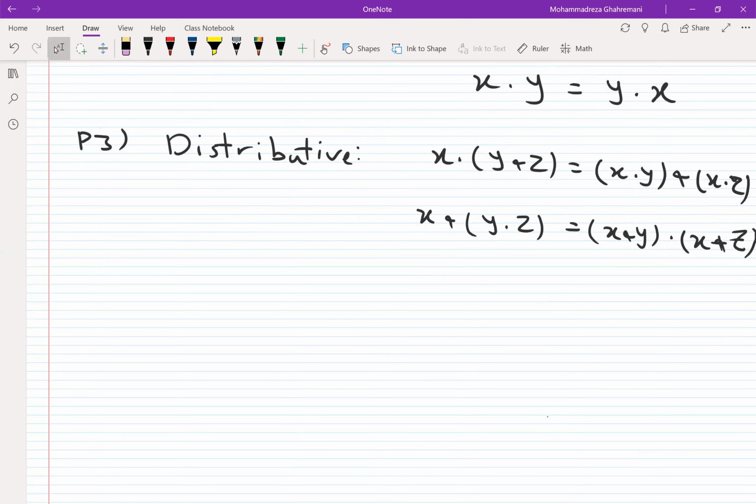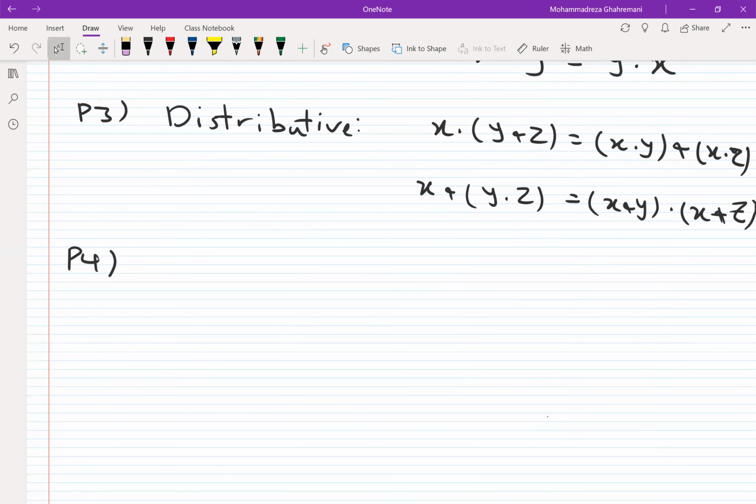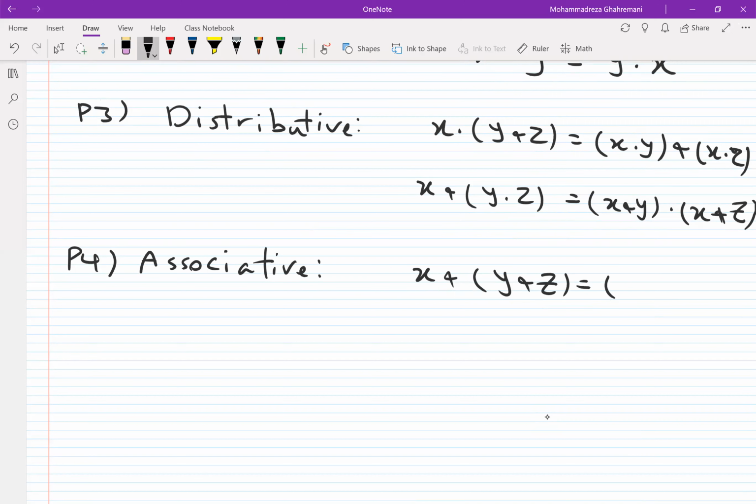Okay? Postulate number 4 is called associative. And it says that x plus (y plus z) is equal to (x plus y) plus z. You see that we move the parentheses from y and z to x and y.